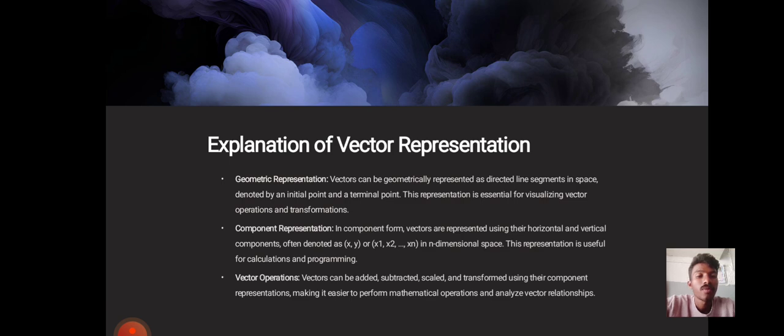In component form, vectors are represented using horizontal and vertical components. Vertex operations. They can be added, subtracted, scaled, and transformed using the component representation, making it easier to perform mathematical operations.